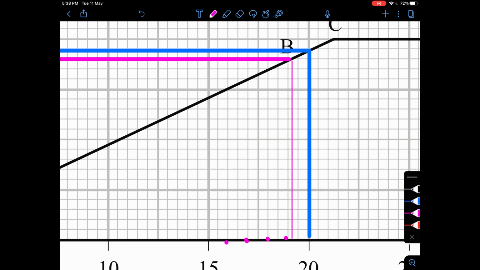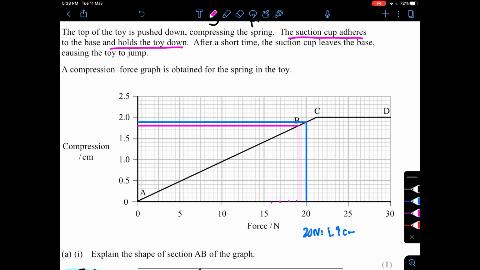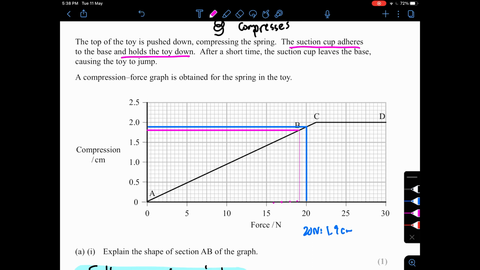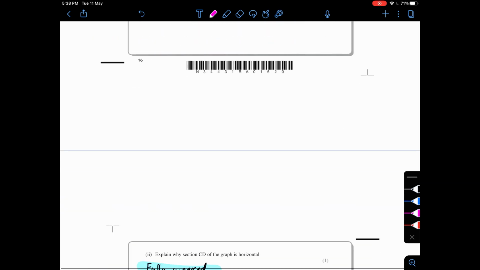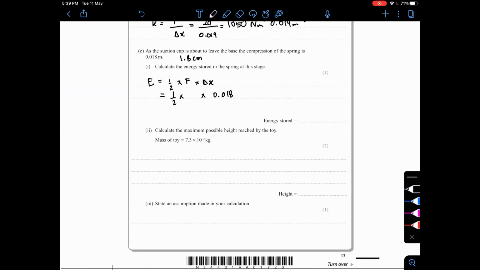That's probably around here. We're looking at around 19.2 newtons, or between 19 and 19.5. Any value in that range should be fine. So we can write 19.2 newtons.